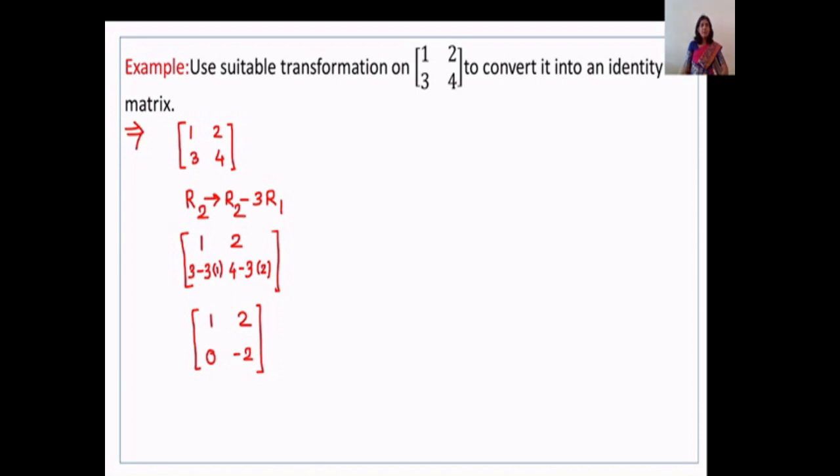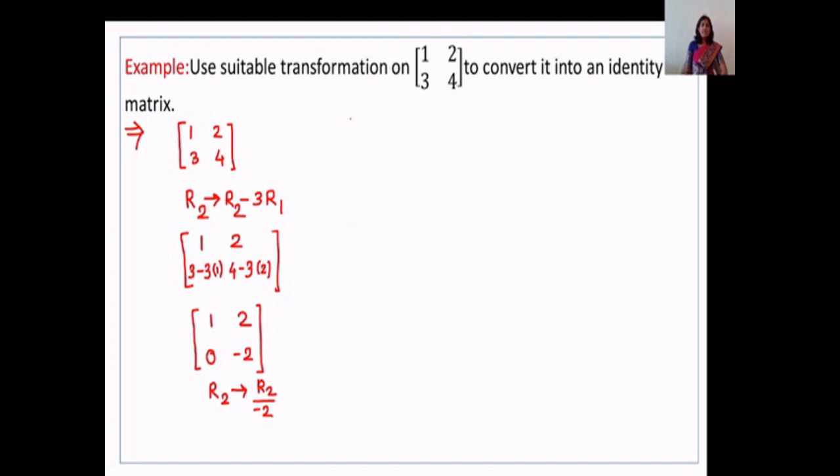Now we make this minus 2 into 1. How do we make this 1? We divide this minus 2 by minus 2. This minus 2 is in R2, so R2 gives R2 divided by minus 2. So we divide R2 by minus 2.